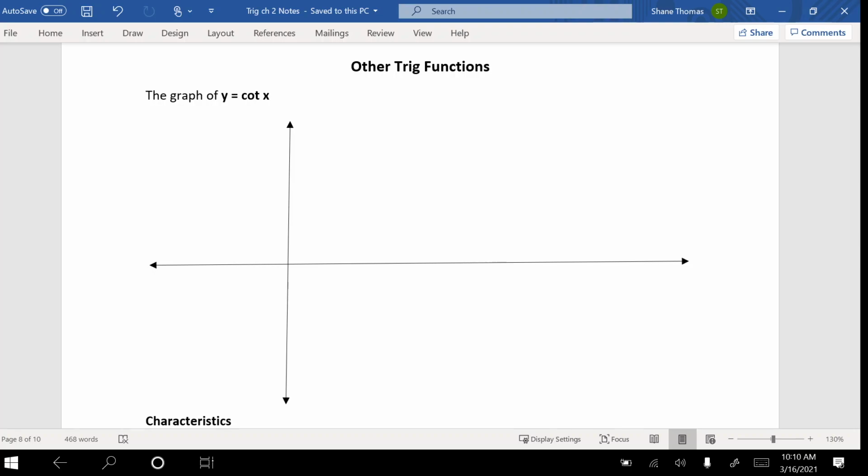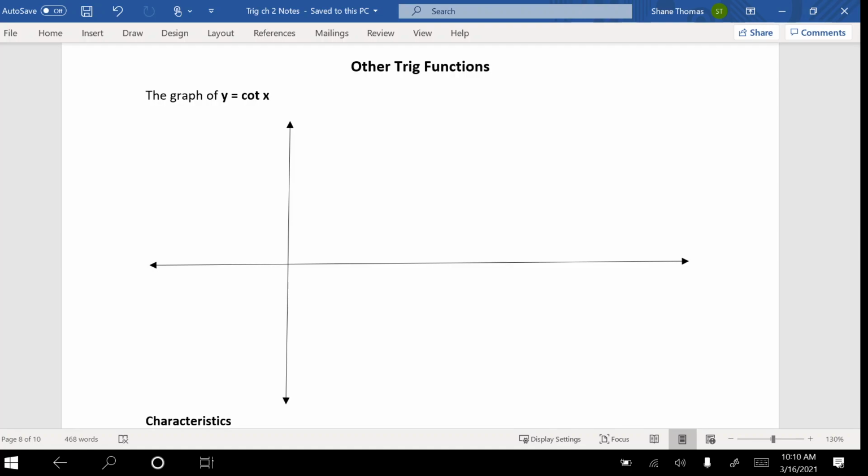Remember tangent is centered at your origin. It cuts through the origin, with intercepts at pi over 2 and negative pi over 2. But it starts at the origin. Cotangent is shifted a little bit from that.